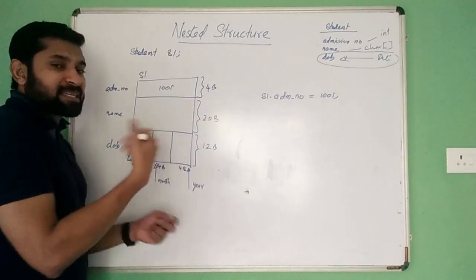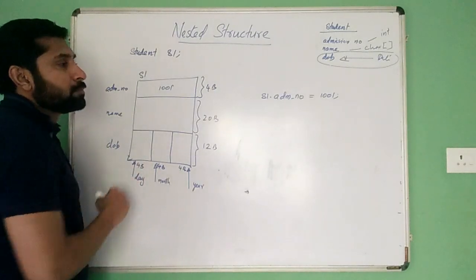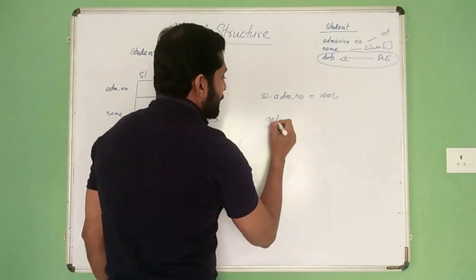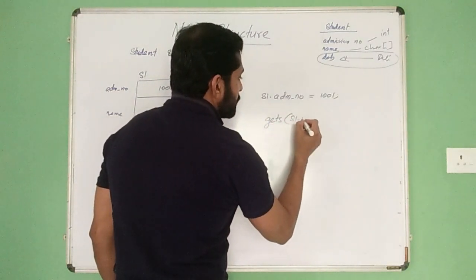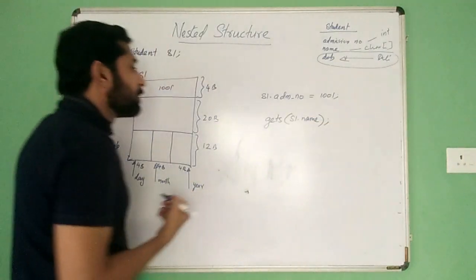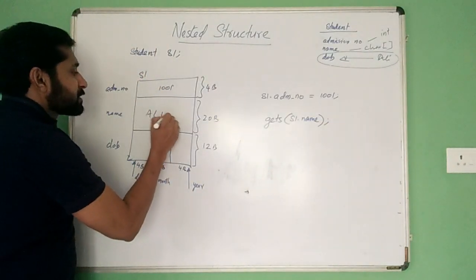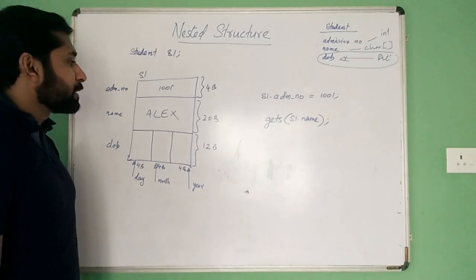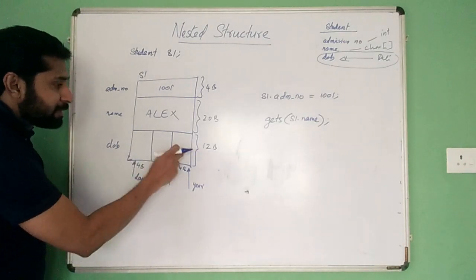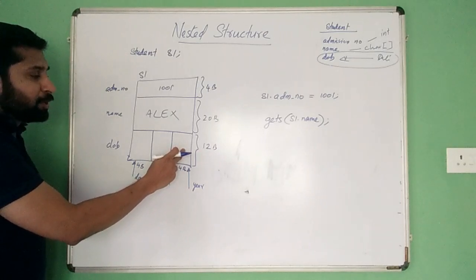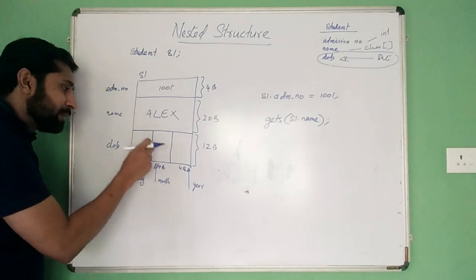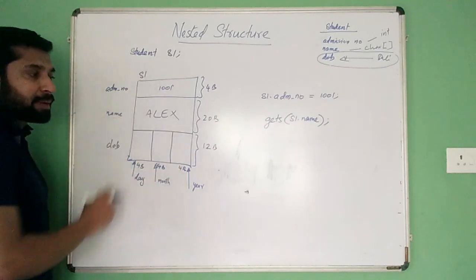Now suppose we are accepting name through a gets statement, we can write like this: gets S1 dot name. That's okay, no problem. Say Alex, we are inputting such a name. Now we have this date of birth. In order to access date of birth, we have to access these different day, month and year separately.